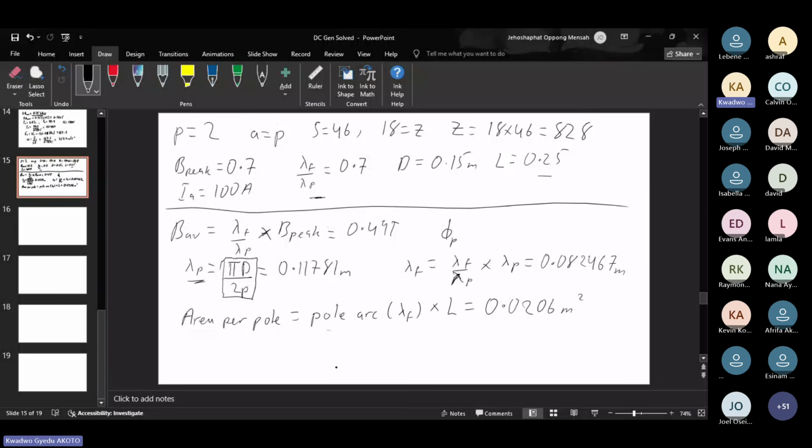And we know that flux phi is equal to B times A. So our effective flux density times our area per pole should give us our flux per pole, or our useful flux. And that's going to be 0.0100102 Weber.